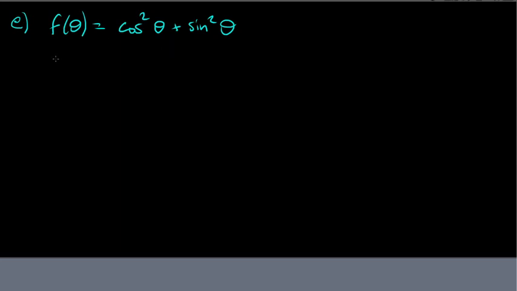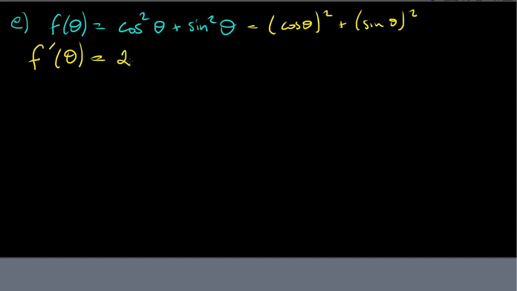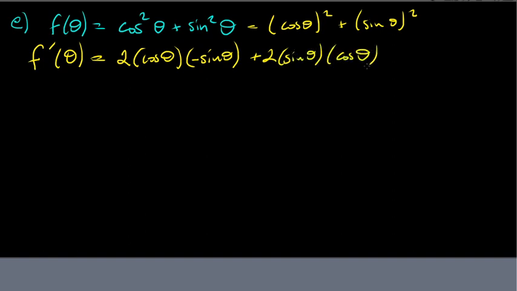It should be. But let's say you've completely forgotten what this is. Then let's just work it out, right? So remember, this is cosine of theta squared plus sine of theta squared. And by using the power rule, we get 2 times cosine of theta. And then by the chain rule, the derivative of cosine is negative sine, plus 2 times sine theta. And then the derivative of sine of theta is cosine of theta.